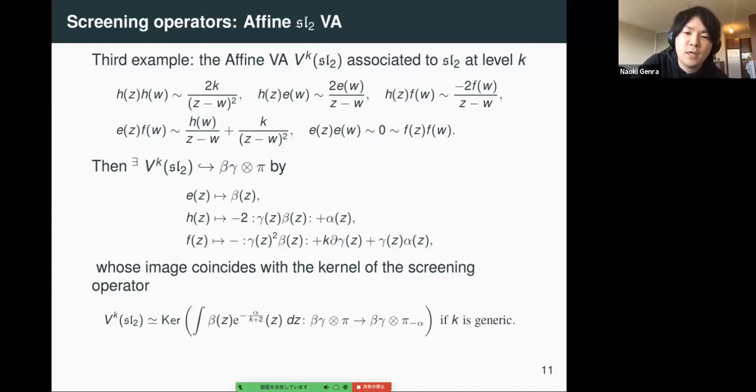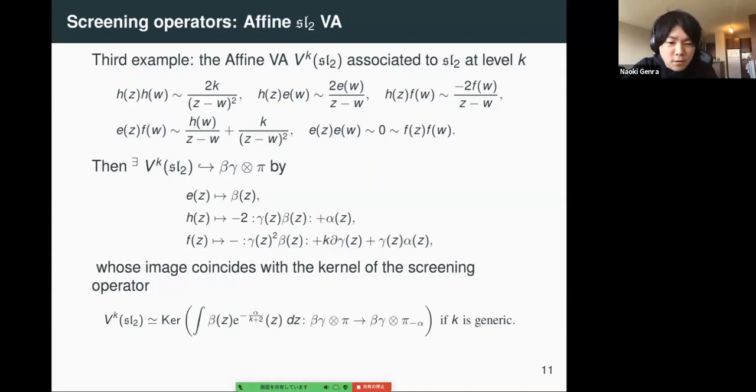The map is: E goes to beta, H goes to minus 2 gamma beta plus alpha, and F goes to minus gamma squared beta plus k derivative of gamma plus gamma alpha. And also, if k is generic, we can check that this image coincides with the kernel of the screening operator. The screening operator is written in the last equation.